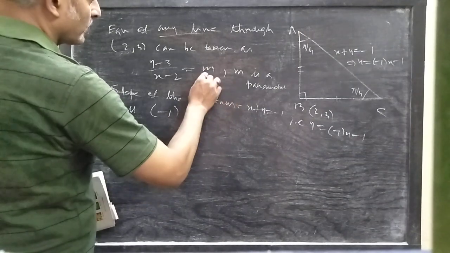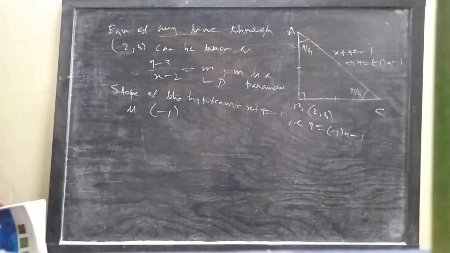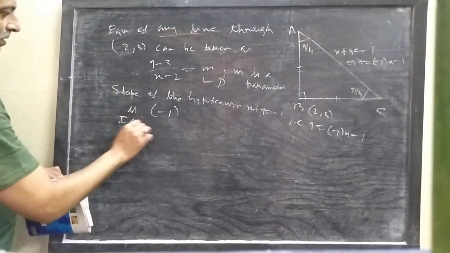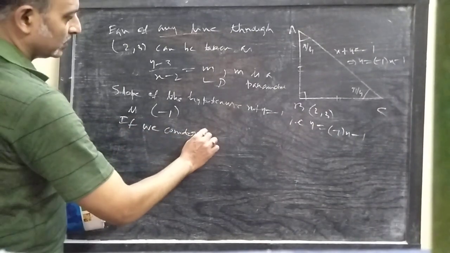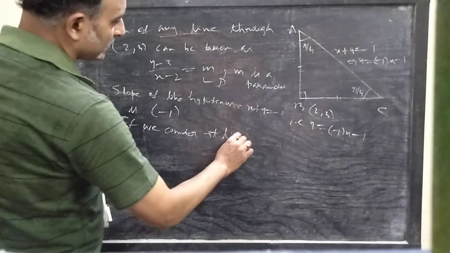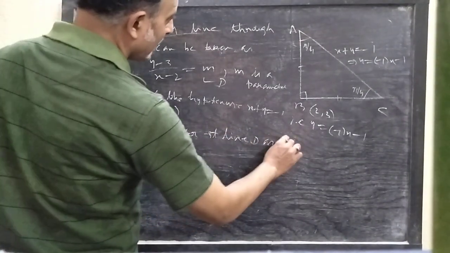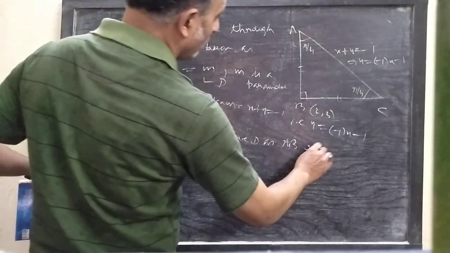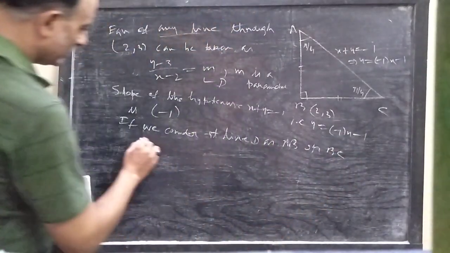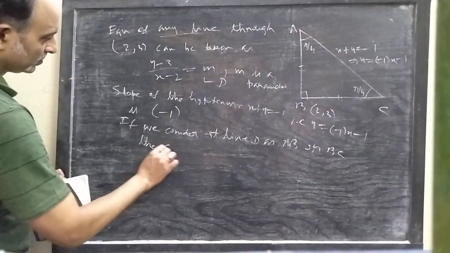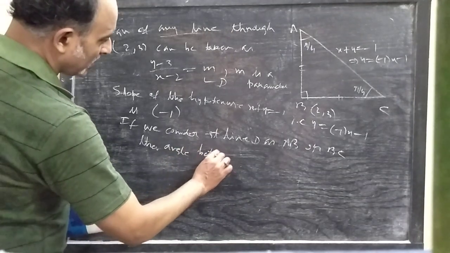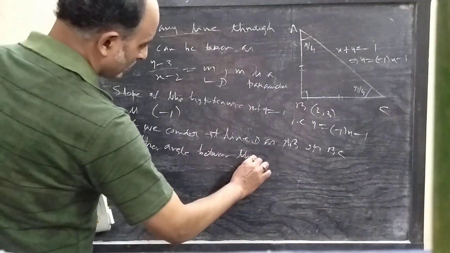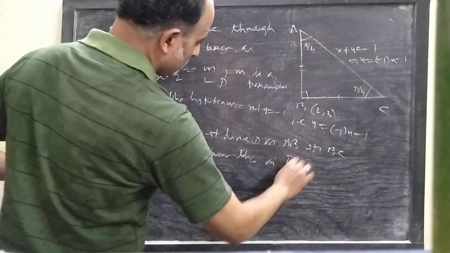Now if we consider this straight line as AB or BC, then the angle between them is pi by 4.